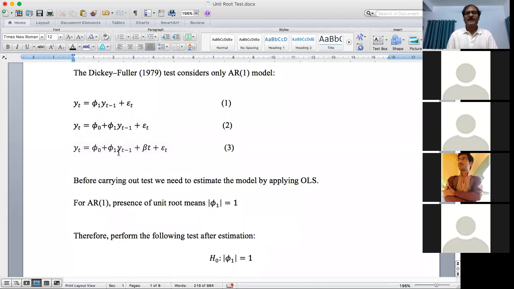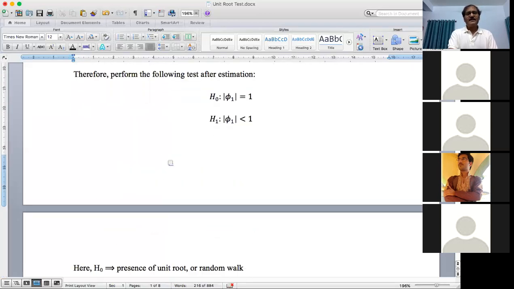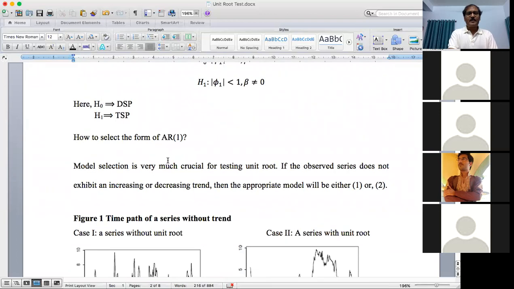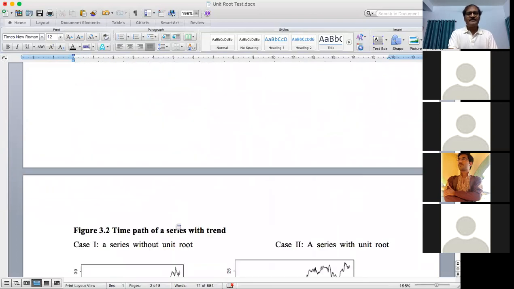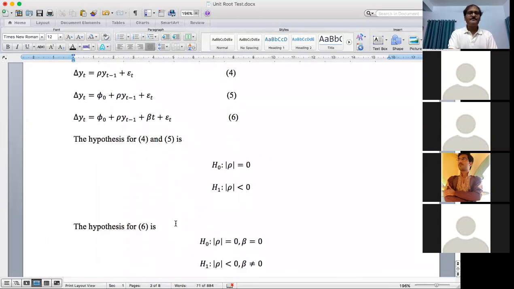The series can memorize the past. So a problem of serial correlation will appear under the null hypothesis in all cases. So to resolve this problem, Dickey and Fuller consider the alternative form of the equation in this way.